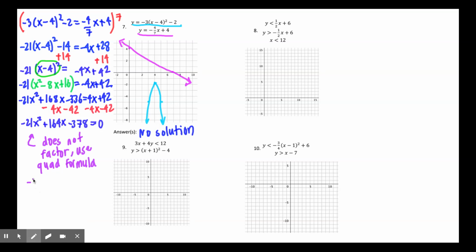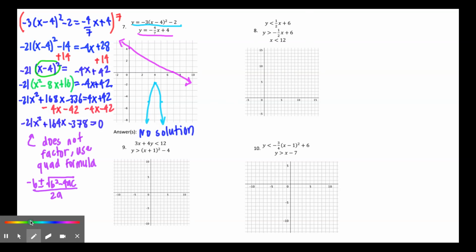Like if it's negative b plus or minus the square root of b squared minus 4ac all over 2a, you'll get a negative here. And that's how you know that there is no solution. But obviously, graphing shows that there's no solution a little bit better.